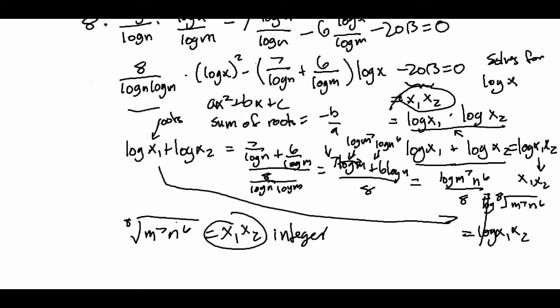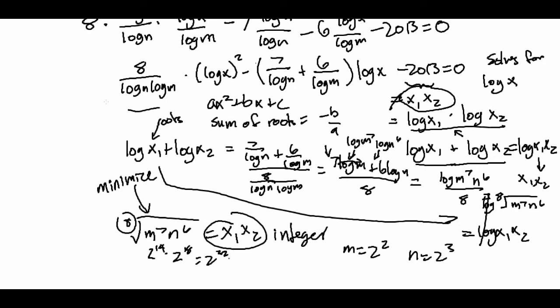So we want to minimize this, and really this just takes some guess and check. It's not too bad considering there's only so many numbers that, you know, are perfect 8th roots. And after some guess and check, you eventually get that m equals 2 squared and n equals 2 cubed. And that gives you 2 to the 14th times 2 to the 18th, which is 2 to the 32, which if you divide that by 8 equals 2 to the 4.